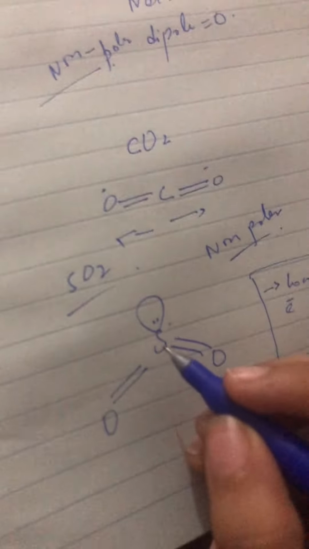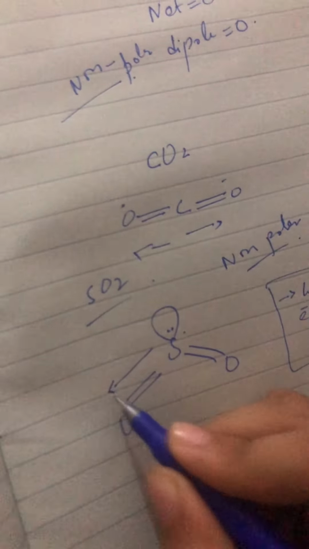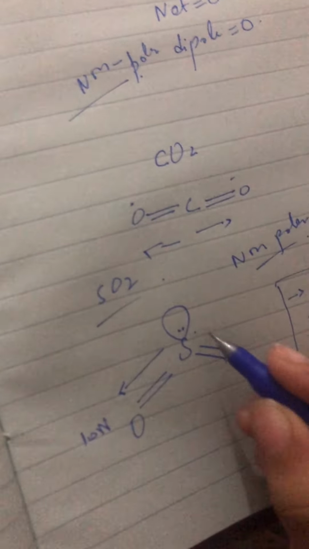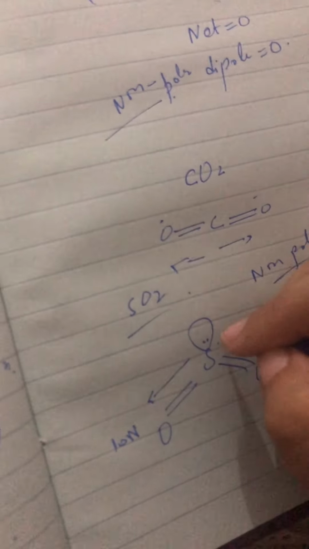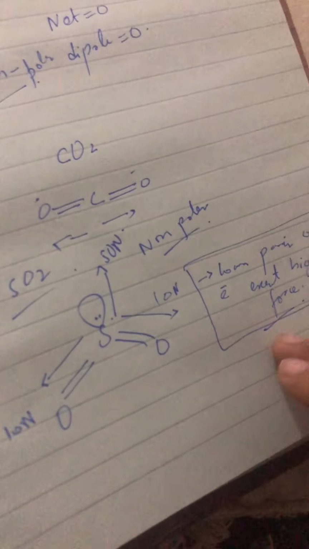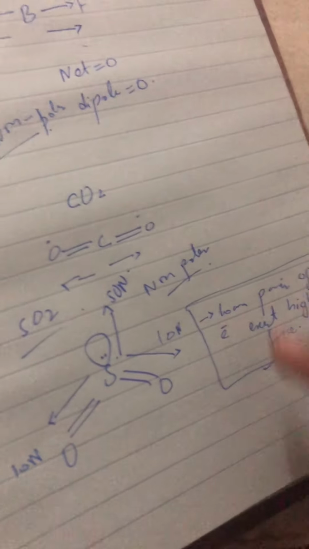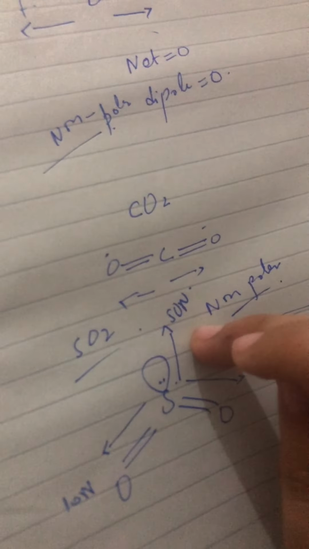Here you can see that oxygen is putting a force of, for example, 10 Newton, and the other is the same, 10 Newton. The lone pair will put 50 Newton force, because as I mentioned, a lone pair of electrons exerts higher force.